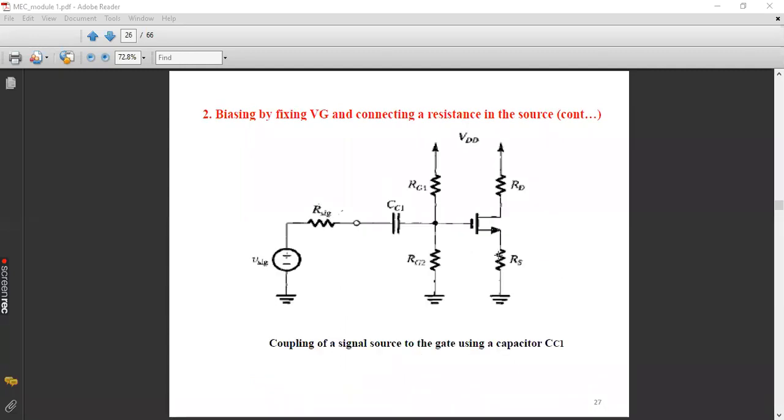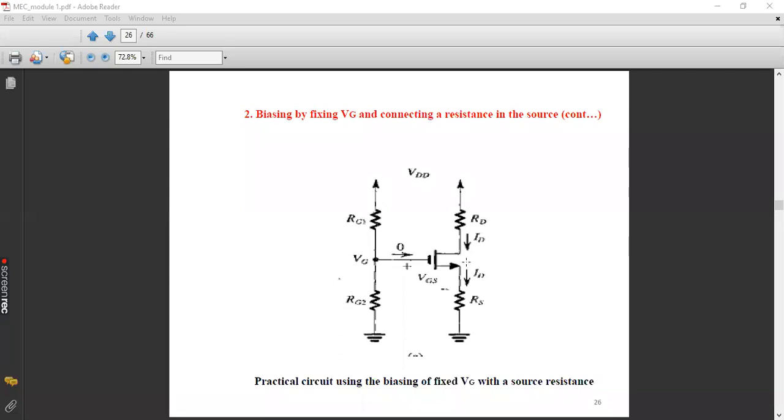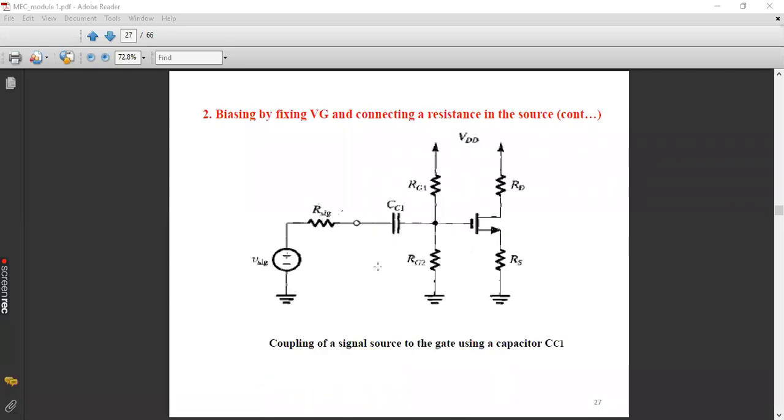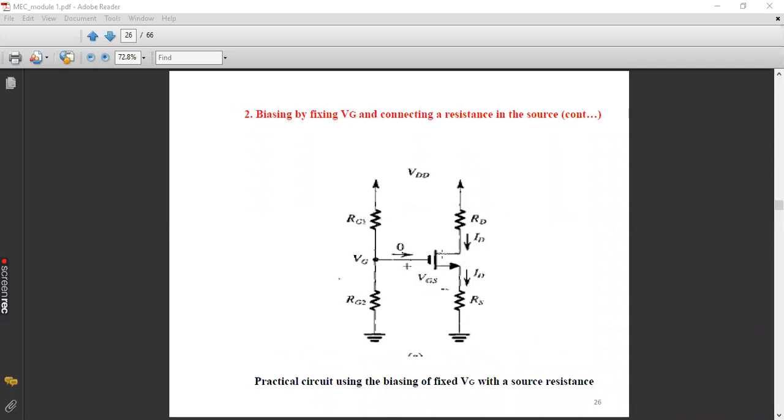Now, if you still want to modify the circuit, additionally you will fix a coupling capacitor CC1 as well as a signal resistance RSIC. Because this is just the biasing circuit.